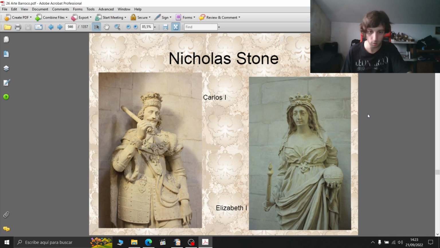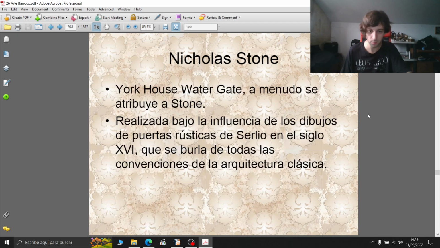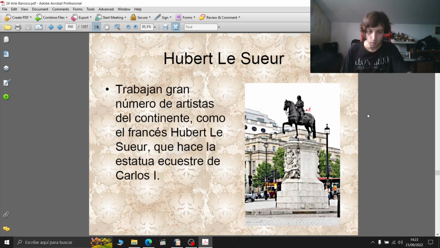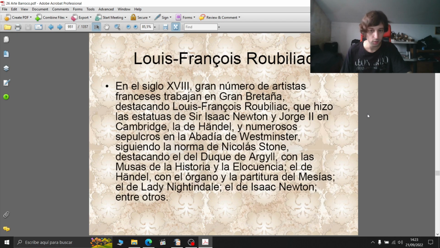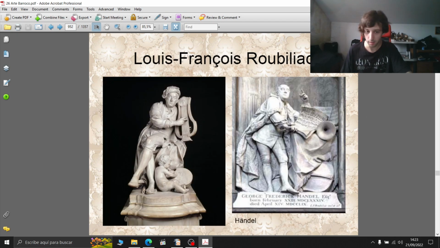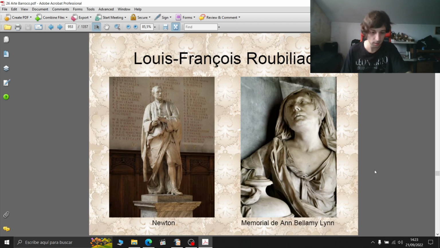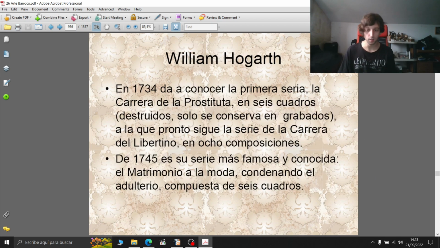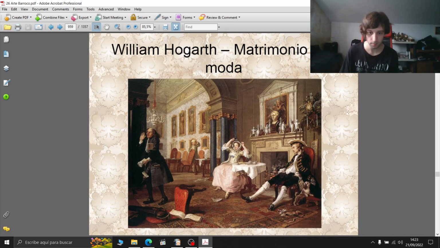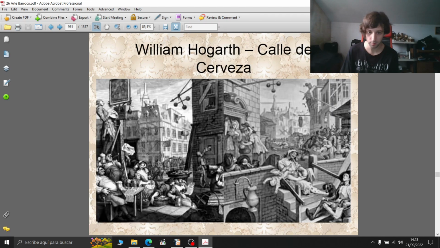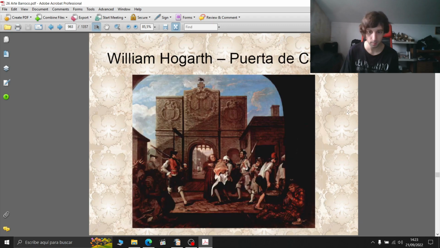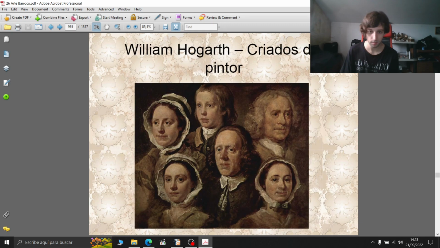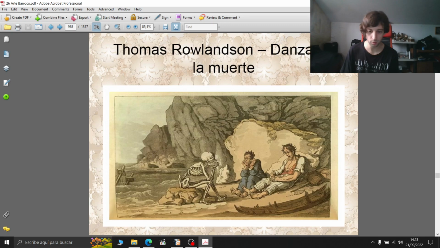Now this sculpture, Nicolas Stone, Hubert Le Sueur, Louis-François Roubiliac, Handel, the music composer, Newton. Now painting, William Hogarth, Thomas Rowlandson.